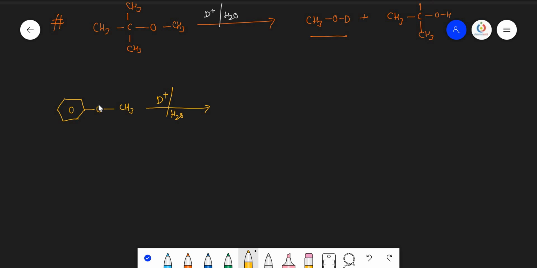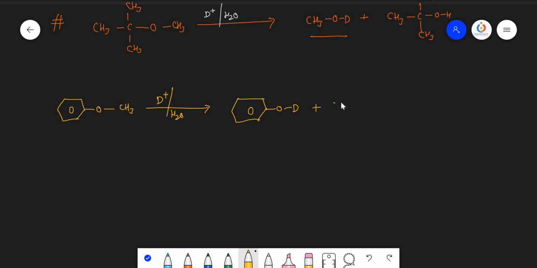Because the lone pair of electrons present over the halogen or oxygen participate in the resonance, so breaking of this bond is not possible. So this oxygen shall be with the benzene ring. D plus after attacking over here also shall be with the benzene ring only, and later the H2O molecule will attack over the methyl group.